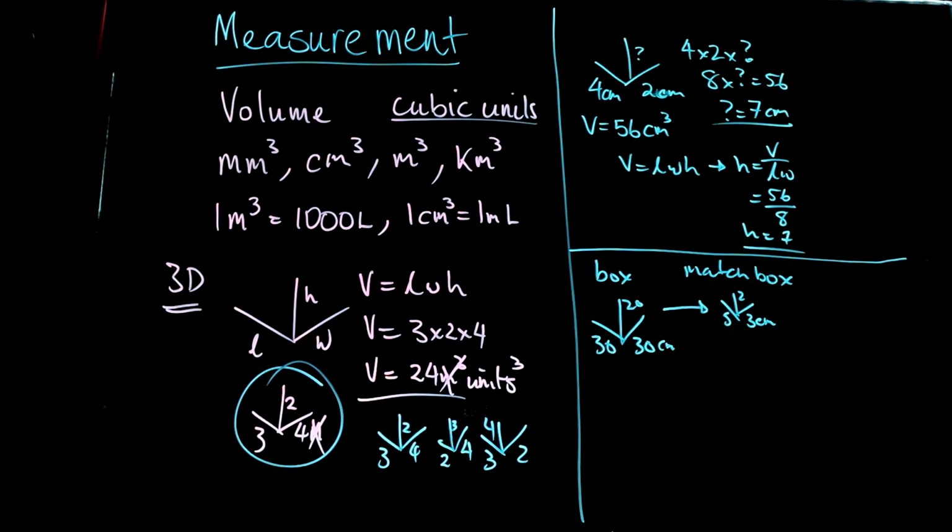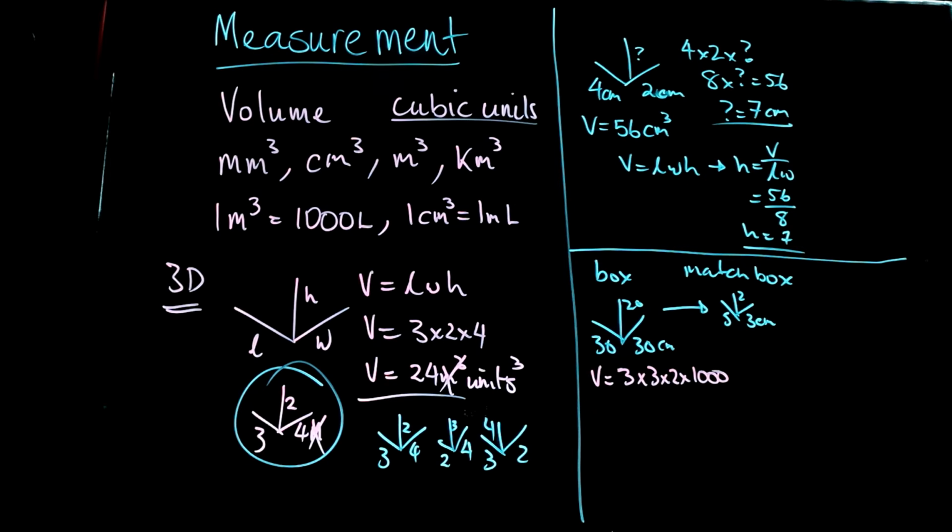And there's a couple of ways you can go about this, to be honest with you. You could go along here and work out the volume of this box, crunch the numbers. 30 by 20 by 30. I'm going to do something here that might help you out a little bit. I set it up like this.